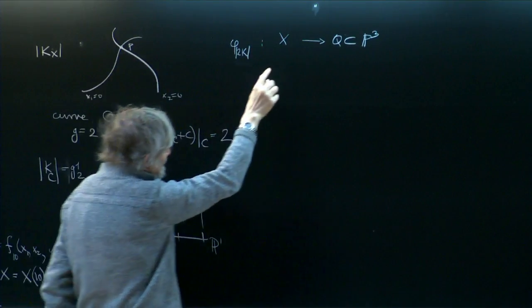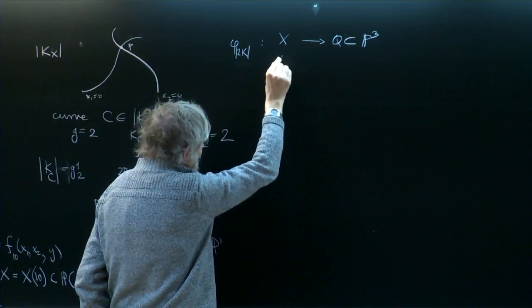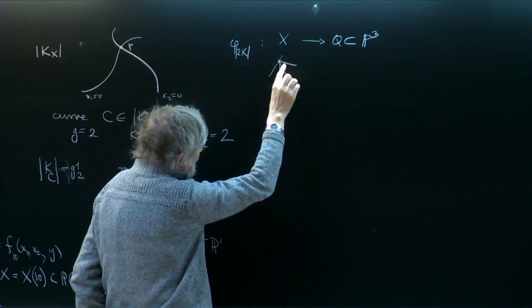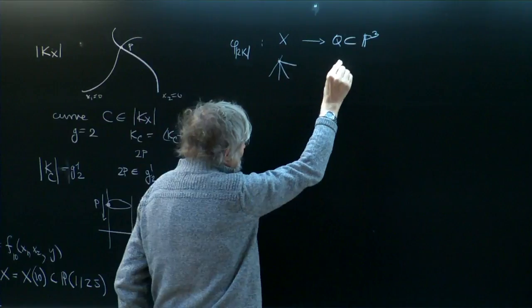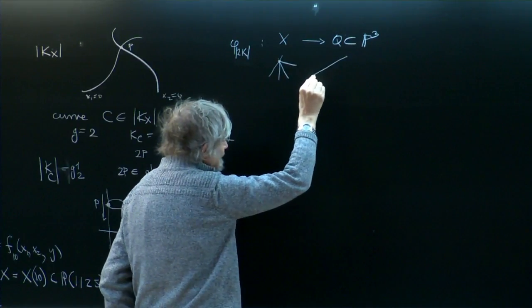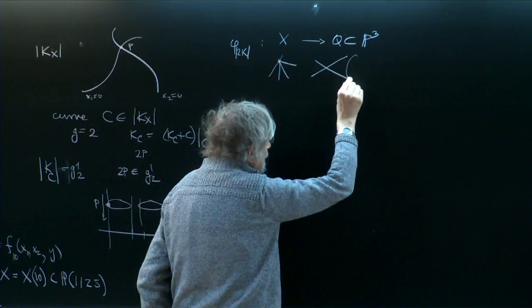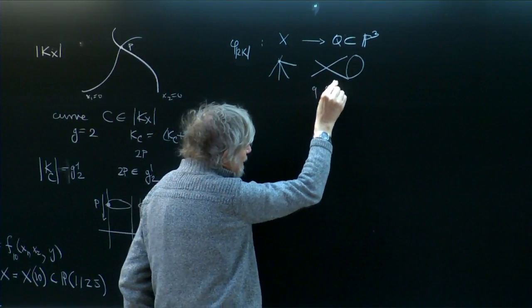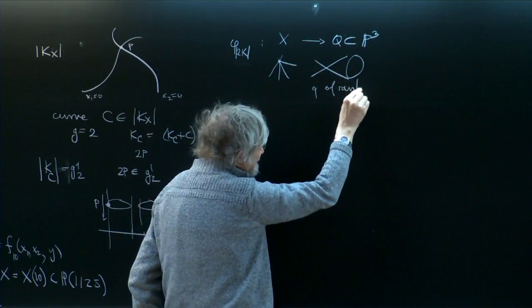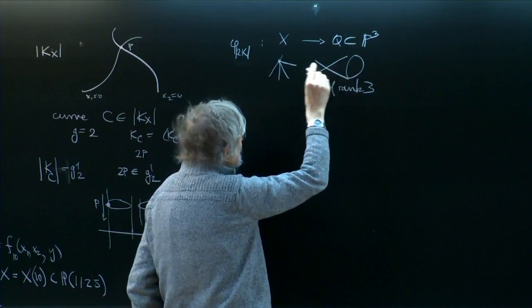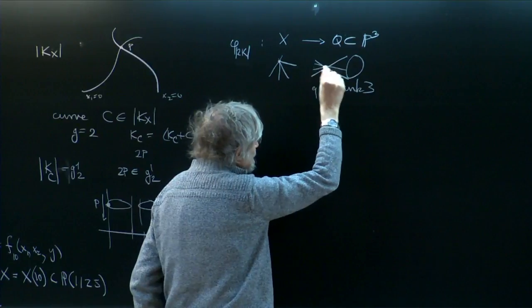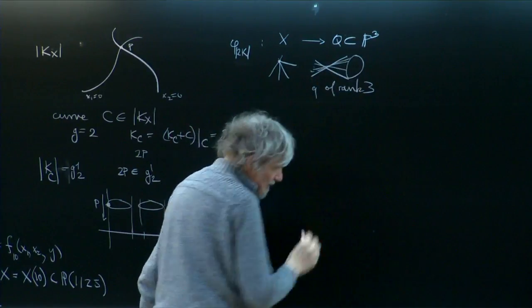And so X has on it this family of curves like this, and they all pass through this point. And so what's happening here is that this is a quadric of rank 3. Right? And the canonical pencil on X comes from these curves moving around.